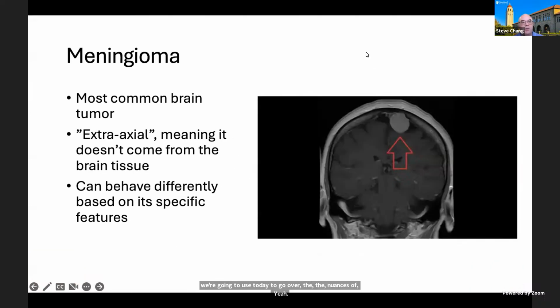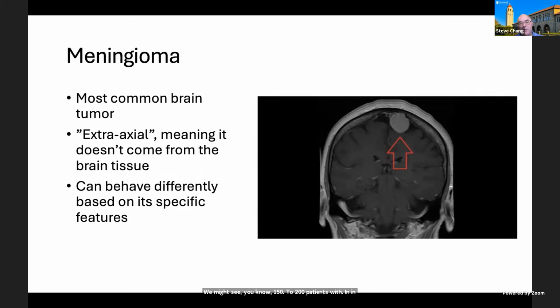So meningiomas are actually very common brain tumors. In fact, they are one of the most common types of brain tumors that we see. In a typical year at our program, we might see 150 to 200 patients with meningiomas.